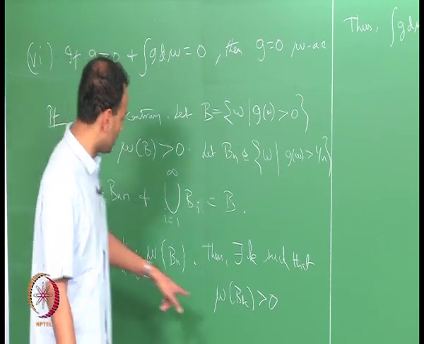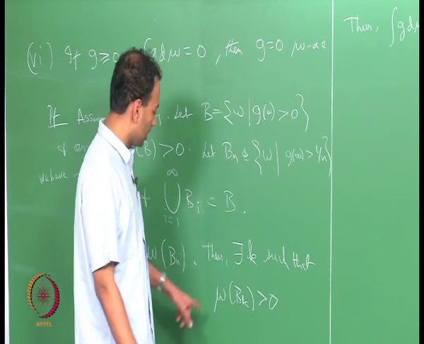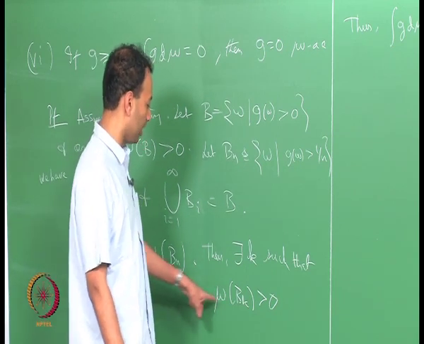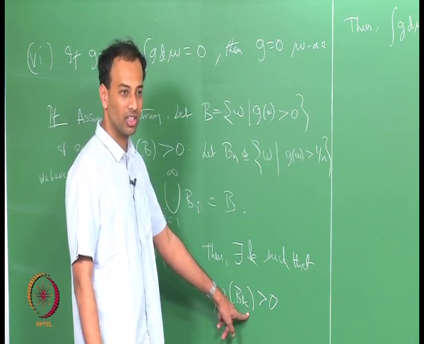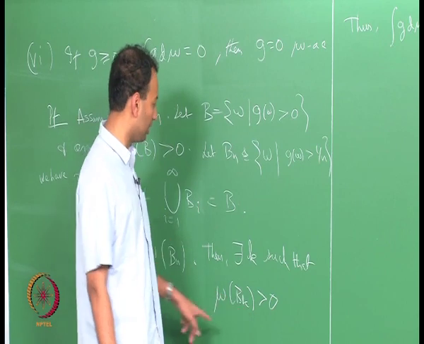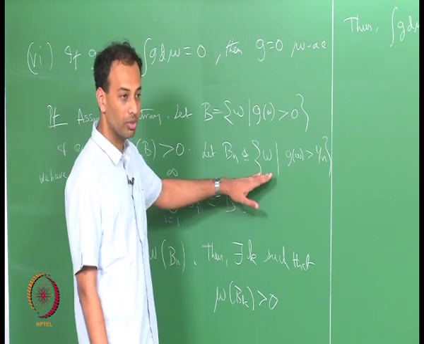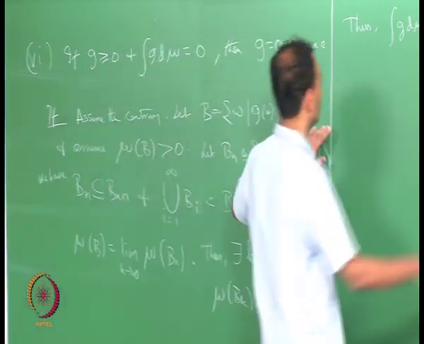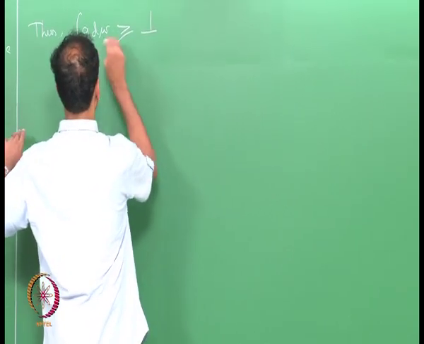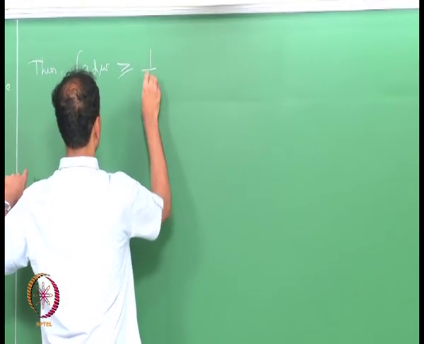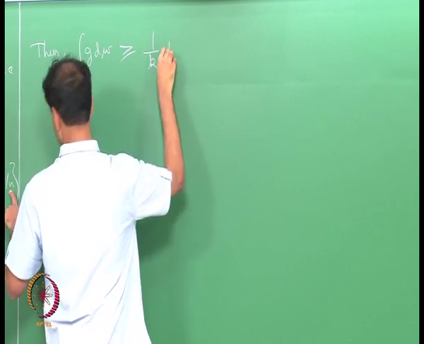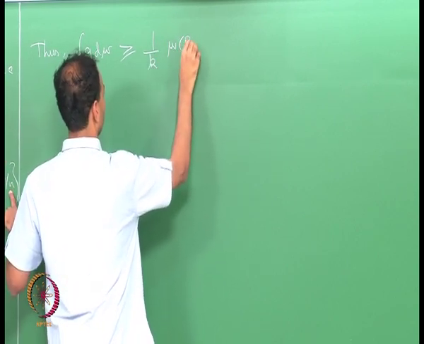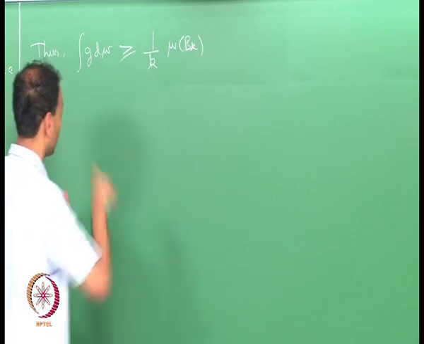One such function would be the function 1 over k on B k, right, which has this property, it's definitely smaller than g, correct, by definition. So, you will clearly have that the integral g d mu will be bigger than or equal to 1 over k times mu B k, correct.